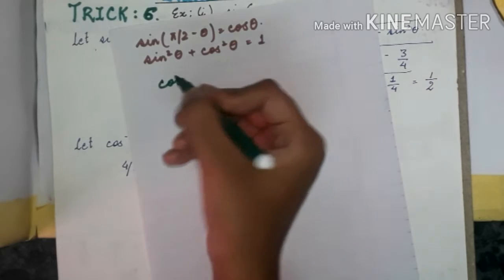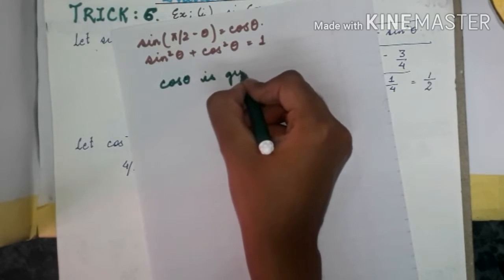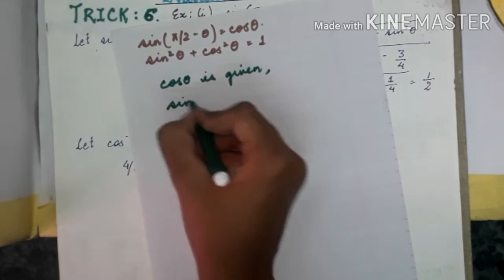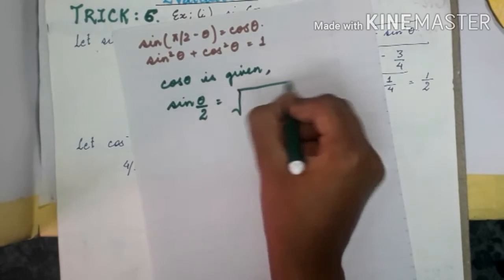When cos theta is given and you have to find sine theta by 2, then you have to use this formula.